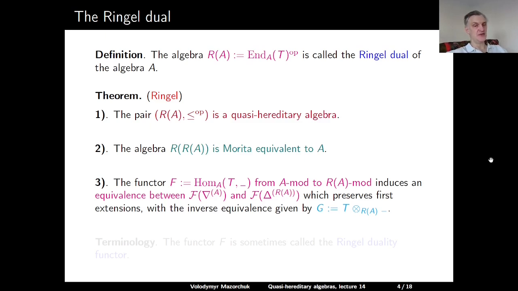The inverse of this equivalence is given by the functor G, which is defined as tensor T over R(A). And the functor F is usually called the Ringel duality functor.